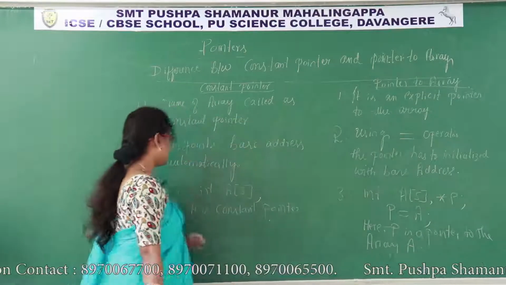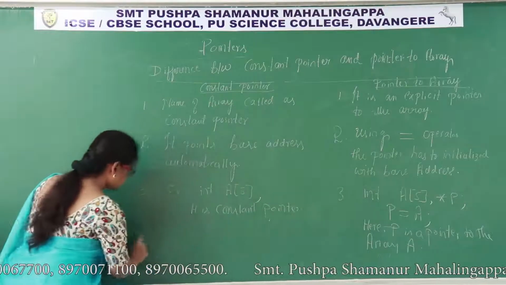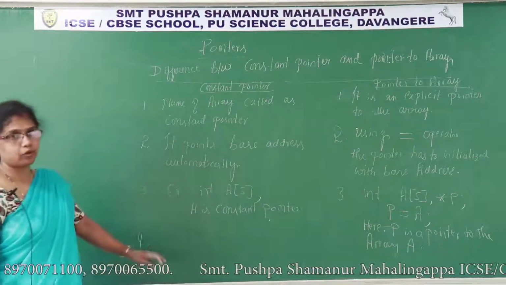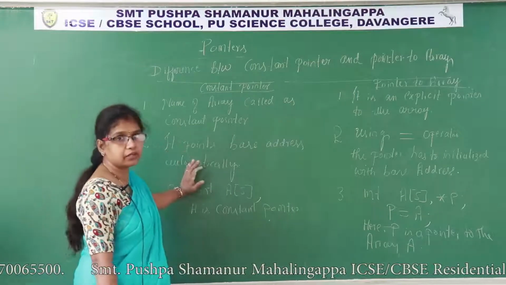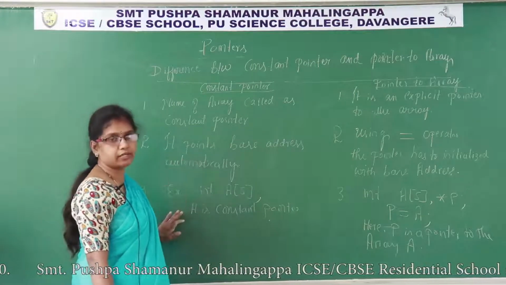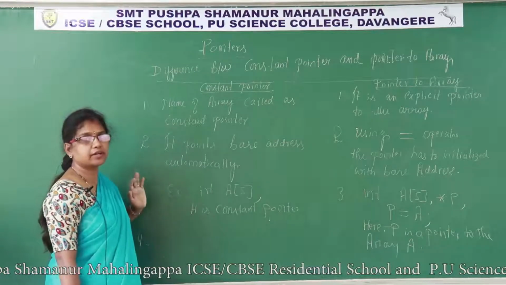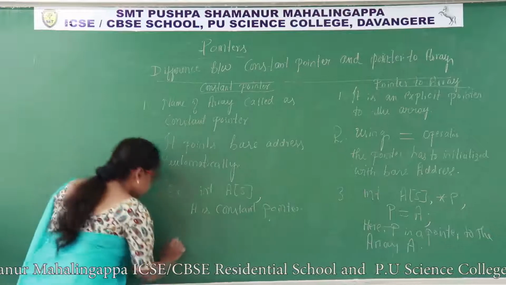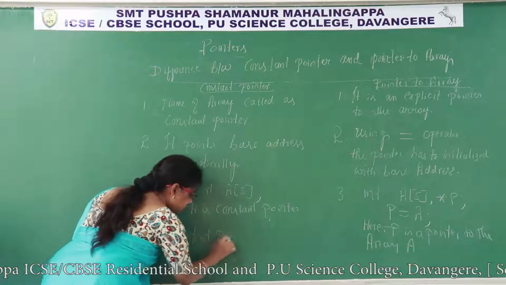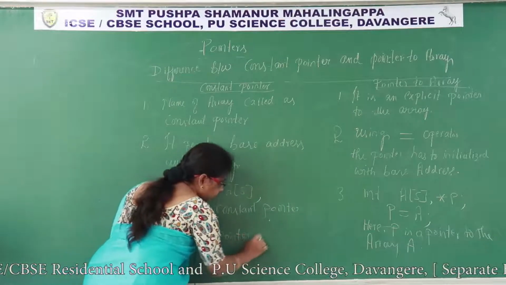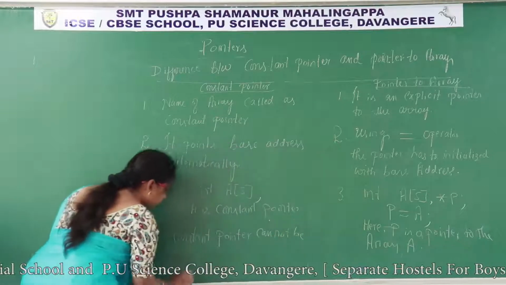Okay. Next, it is a very important point. It is not possible to increment or decrement a constant pointer. Constant pointer cannot be incremented or decremented.